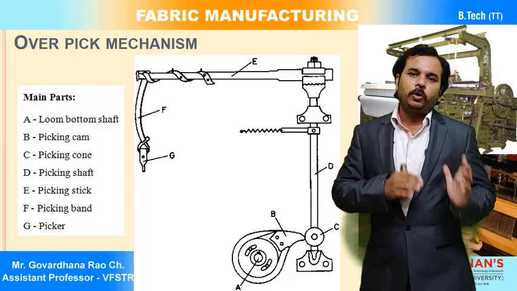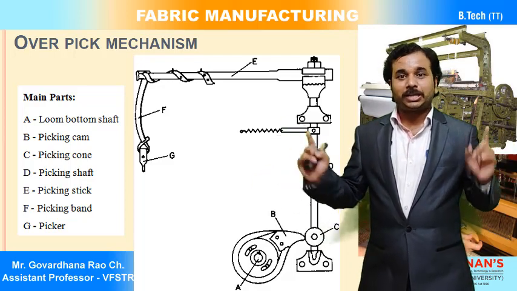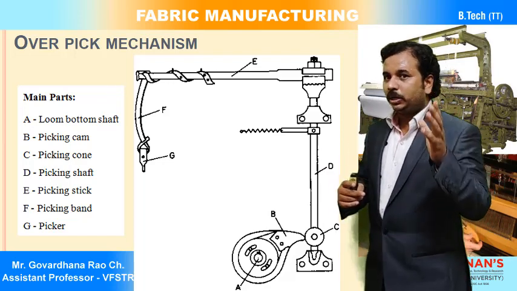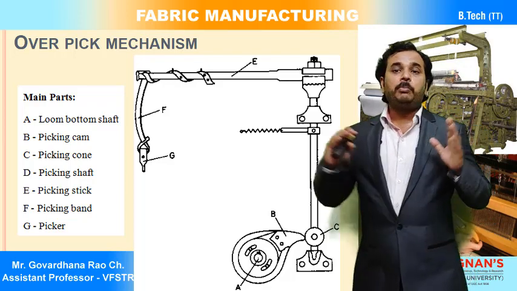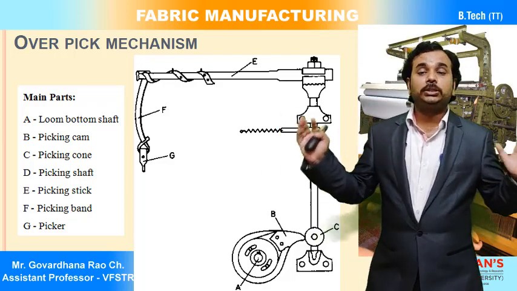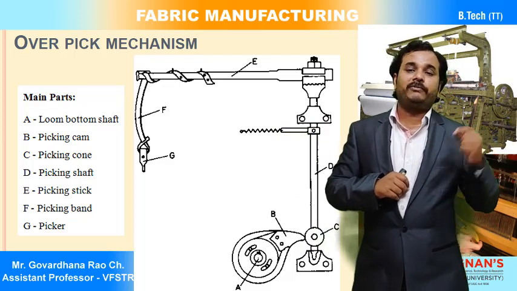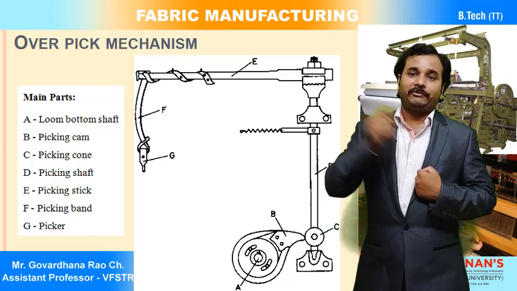If we are using the over pick mechanism, there is an over pick mechanism on both sides. Once again, this mechanism shown here will be available on both sides of the loom, so that the shuttle is going to be transferred from the left hand side to the right hand side and back to the left hand side.